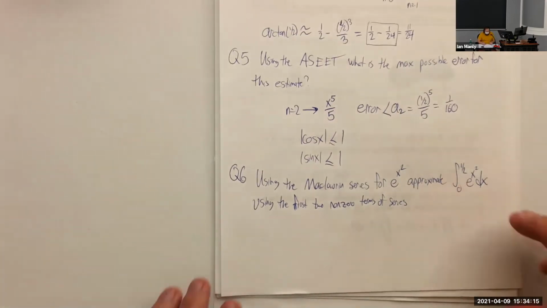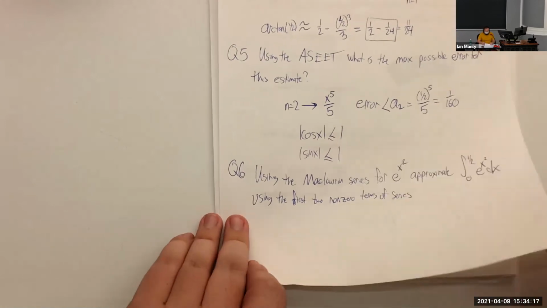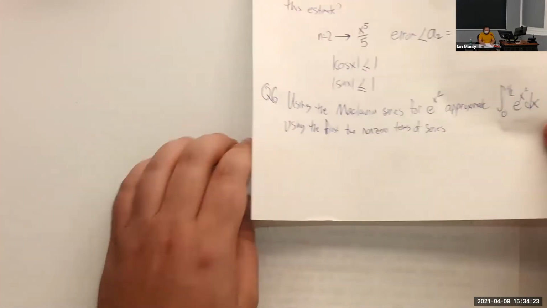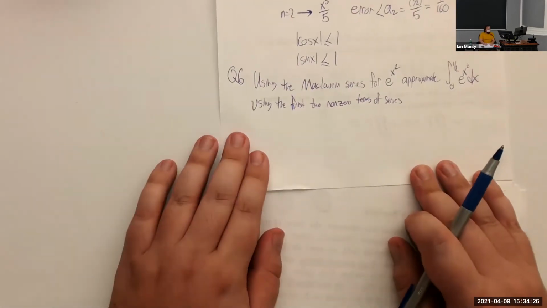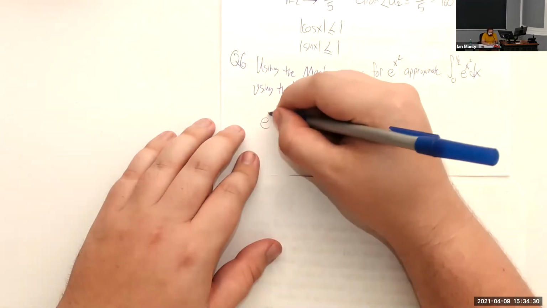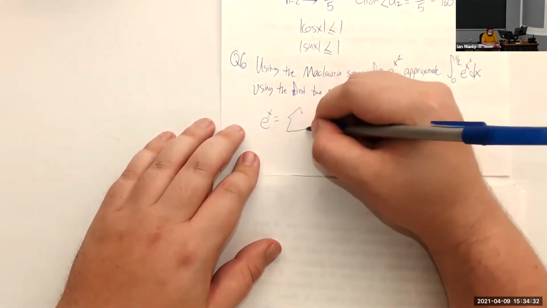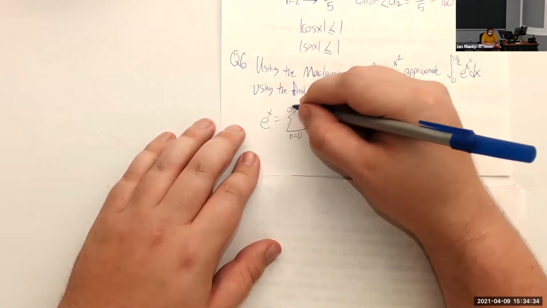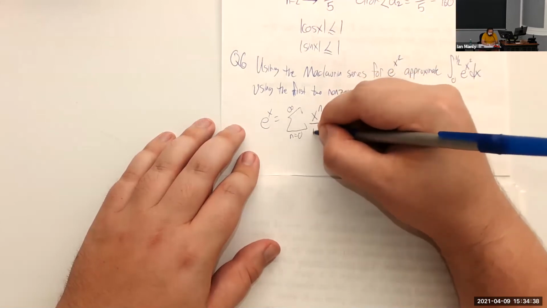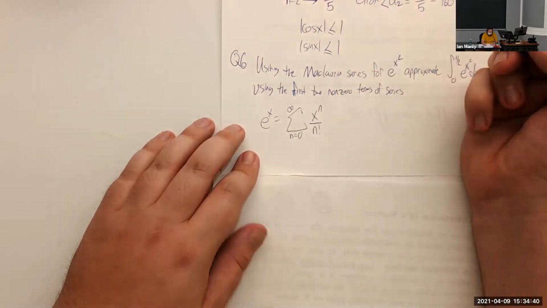All right. So first of all, let's get a Maclaurin series going for e to the x squared here. Our series for e to the x, this is something we'll be provided with. This is the sum from 0 to infinity of x to the n over n factorial.